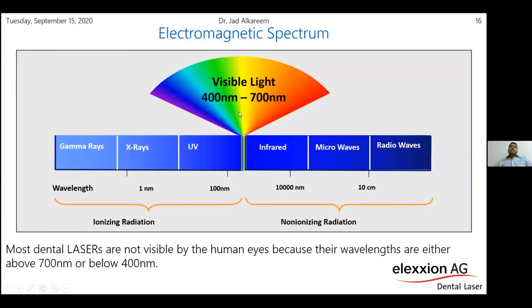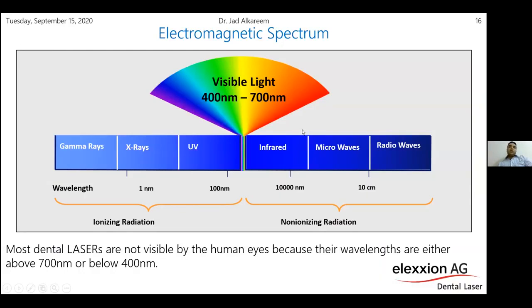In this slide, we have the electromagnetic spectrum, and it shows us what kind of wavelengths the human eye can see. Every wave, every ray, every energy that we have on the earth has a specific wavelength. The human eye can see wavelengths from 400 nanometers up to 700 nanometers.